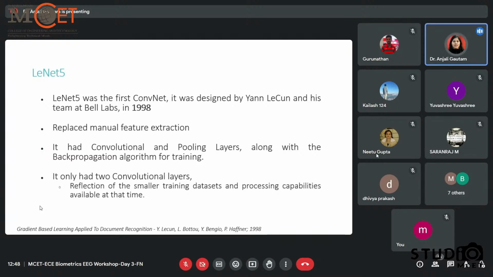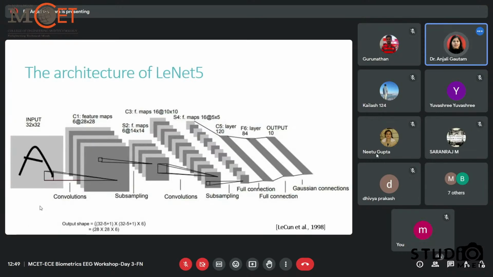At those times they didn't have highly configured GPUs like we have now, so they were not able to use these models for large tasks. They only worked on small data, just for alphabets and numbers.